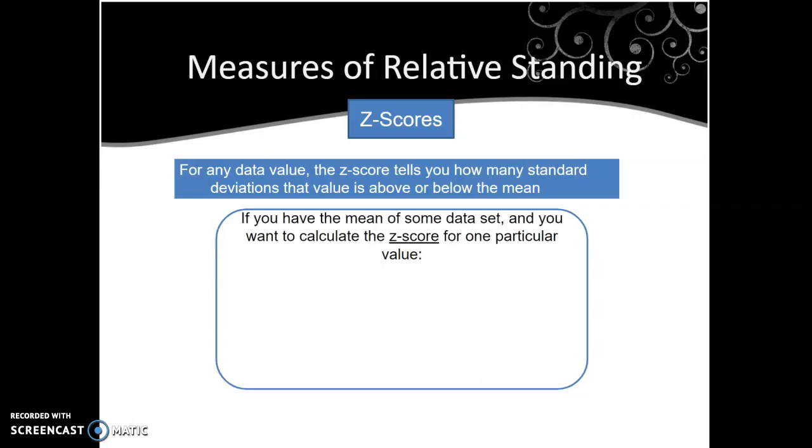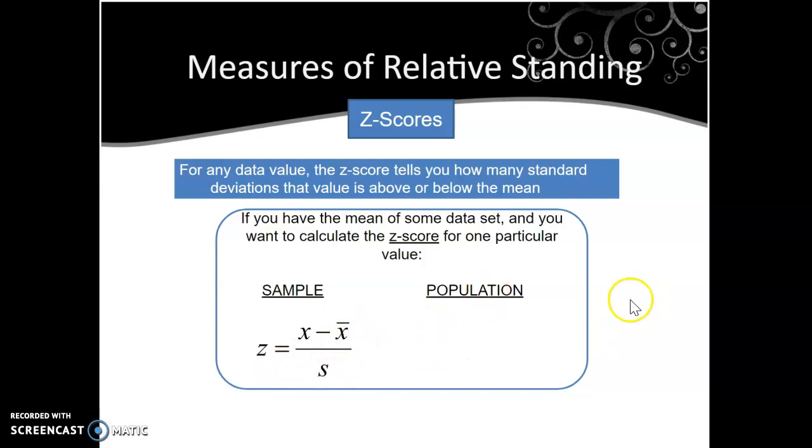If you have the mean or the average of a data set and the standard deviation, you can calculate the z-score. We have similar formulas for a sample z-score and a population z-score. For the sample z-score, you take the data value that you want, subtract from it the mean, so the data value minus x bar, and divide by the standard deviation of the sample.